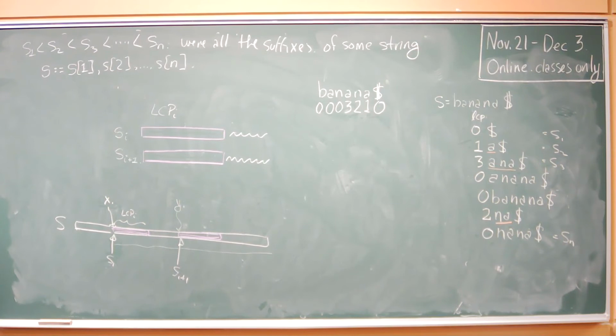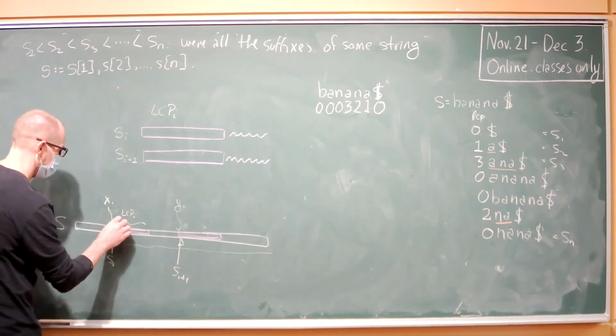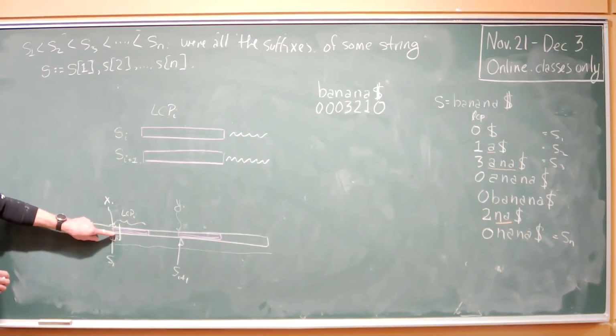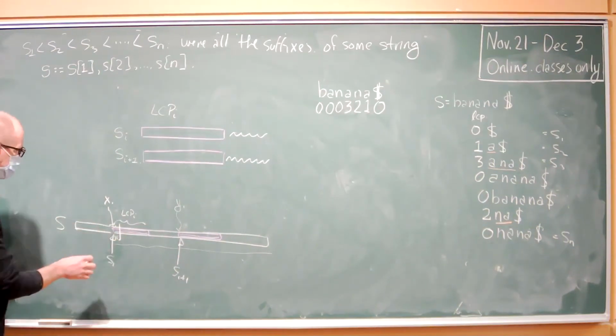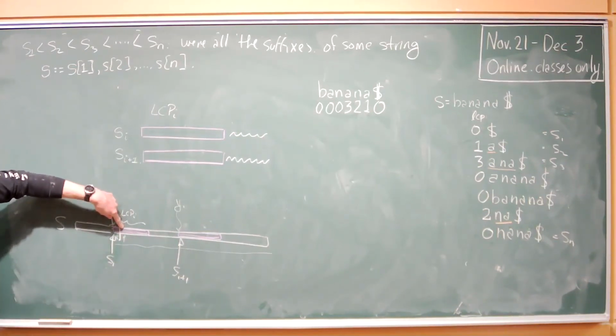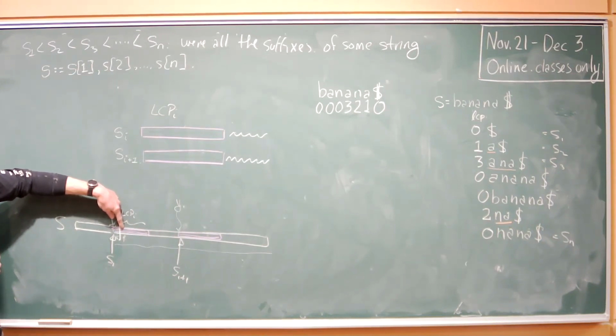Okay. Now, what can you tell me about this thing? If I just take the first character off of S_i, that's the thing that comes next here, right? That's this guy here. What can you tell me about the LCP of that thing? Can it be big, small?